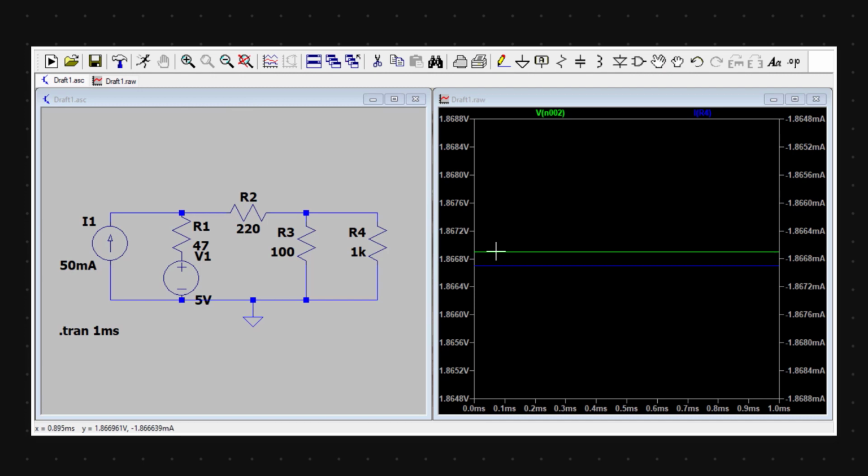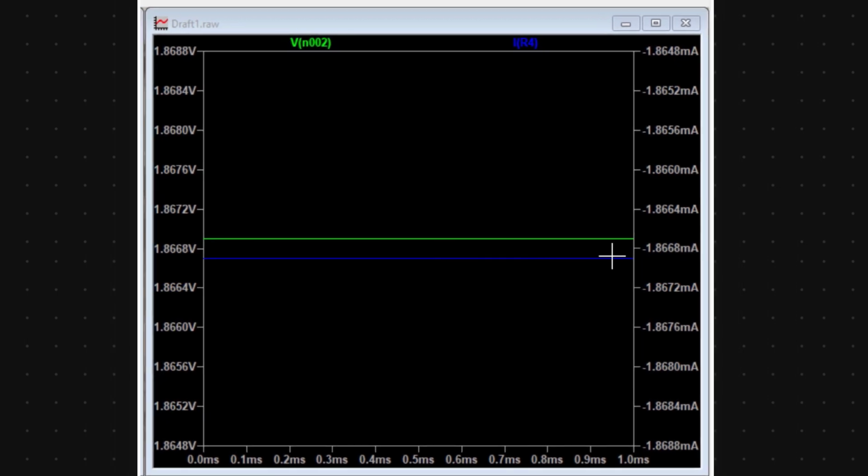For this case, checking the simulation, we have the green line, and this tells us that the voltage is around 1.8 volts, and the current is around 1.8 milliamps. So this is really close to the example, so that's very cool.